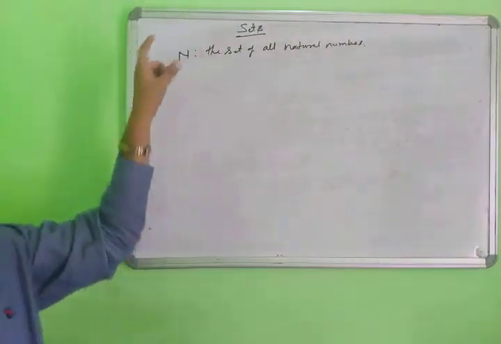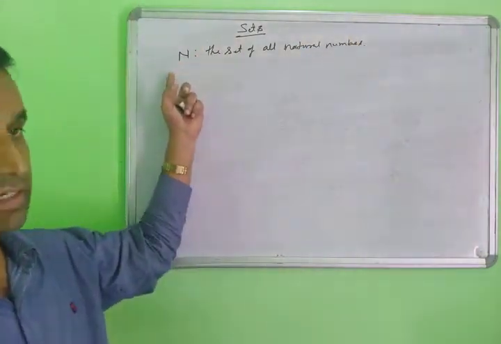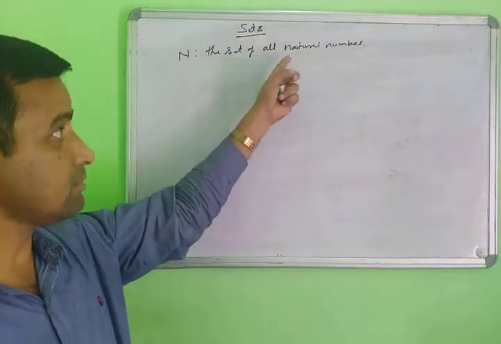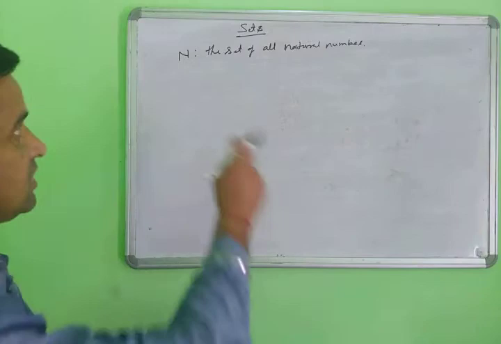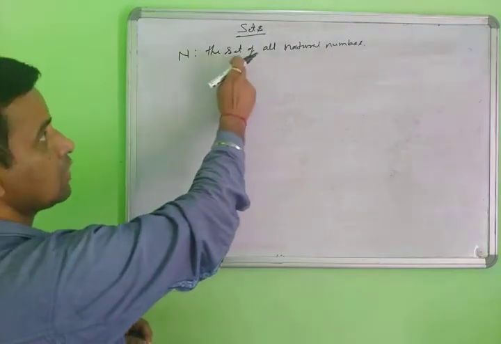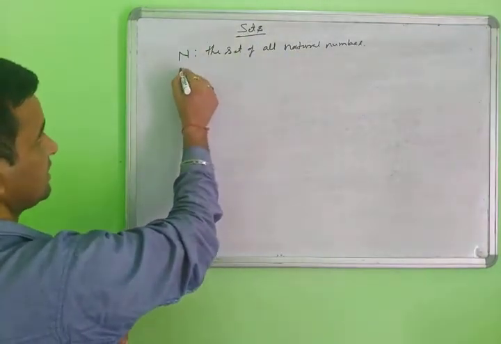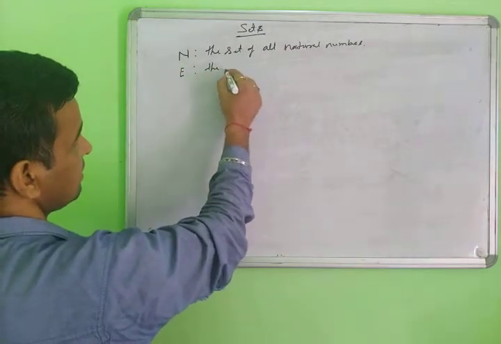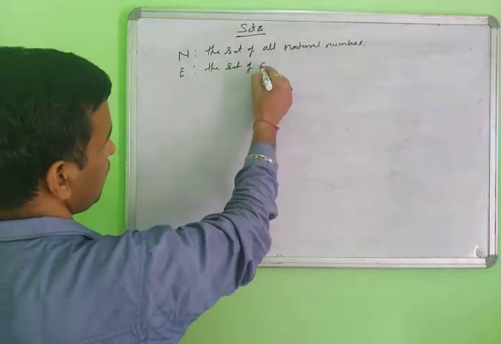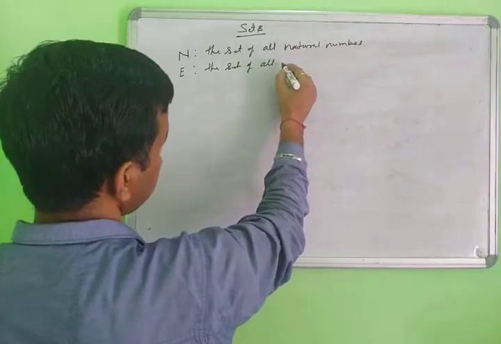Capital letters always represent sets. Some sets, not all sets, are represented by English alphabet. The first is N, which represents all natural numbers. Then E represents the set of all even natural numbers.